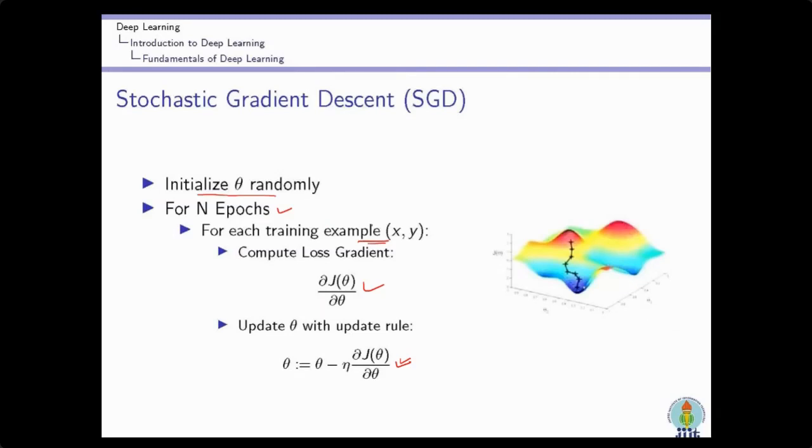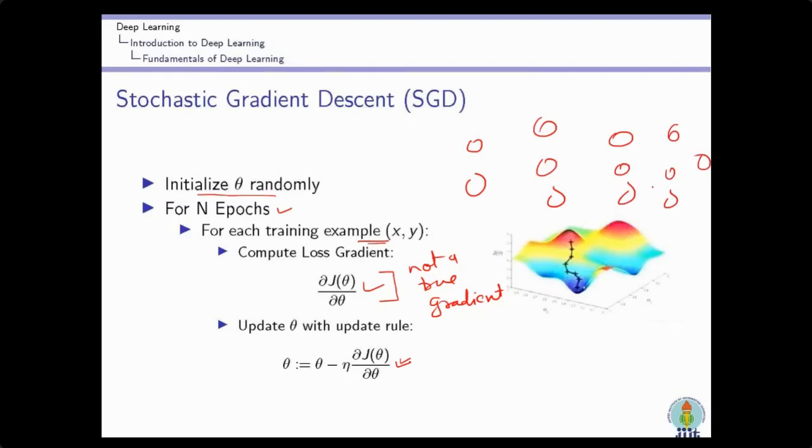Now you will see here, I have used only a single sample in this algorithm. But what happens when I use a single sample? When I calculate this gradient, it is not a true gradient. Why is it so? When you use many layers, you have to back propagate this del upon del theta.